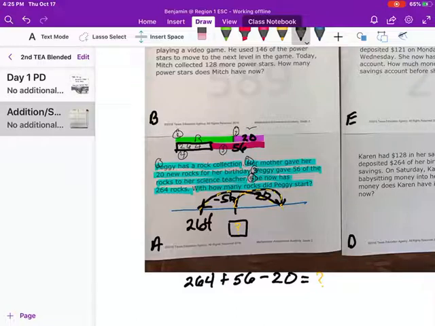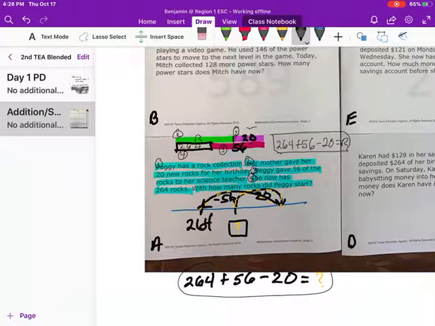With how many rocks did Peggy start? So I'm looking for what this R is. Based on my bar diagram, I can say 264 plus 56 minus the 20 to get me back to where I'm at over here with the R is going to equal my R. So I can reason with my bar diagram to come up with this equation, and this equation looks a lot like the equation that we decoded over here.